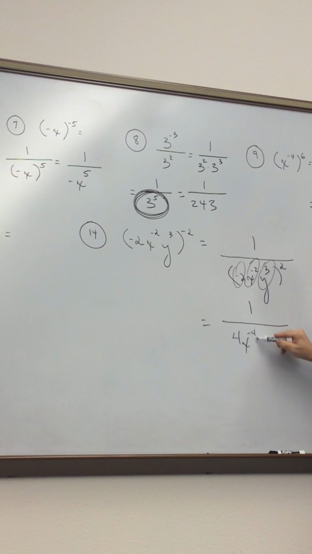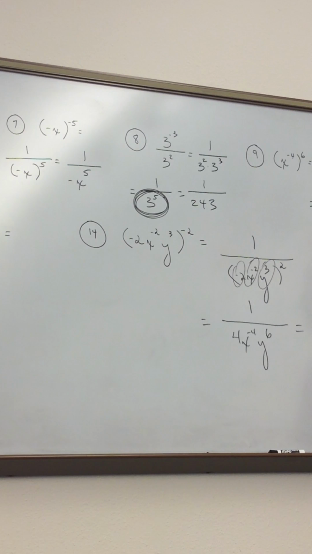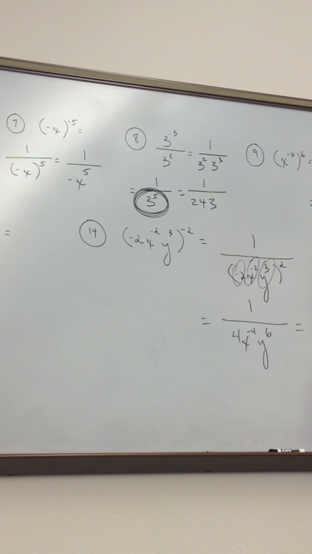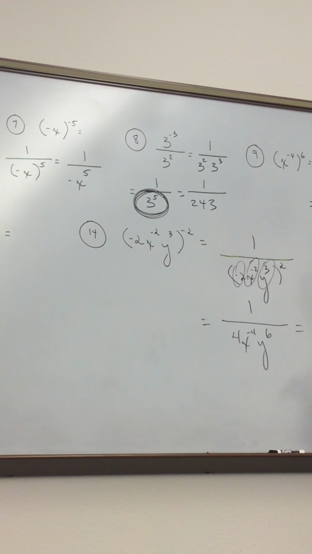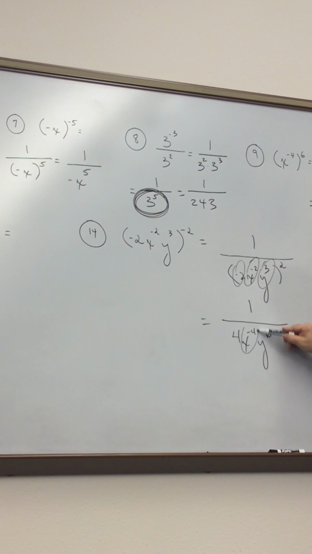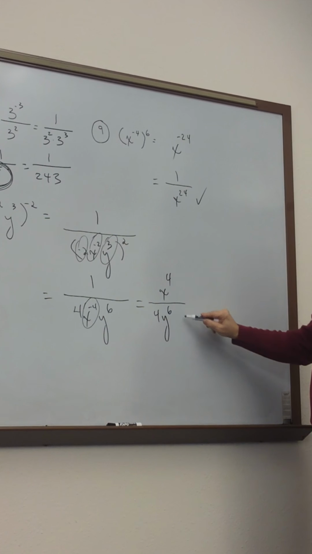Y to the 6th. And finally, you can't leave it like that. 4, or 1, you move the x to the 4th to the top. Just the one with the negative. That's going to go up here, and everything else stays where it's at.